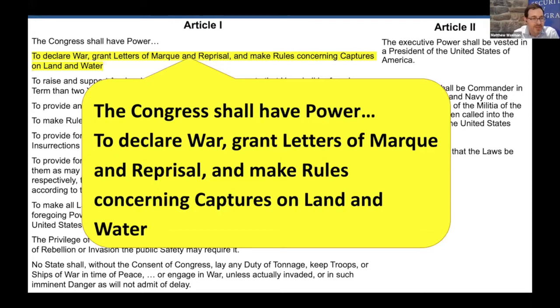For one thing, although the founders intended to lodge decisions to wage full-blown war in Congress, they probably agreed on what's a pretty sensible exception, that if the United States were attacked, invaded, the president could take some military action in defense.